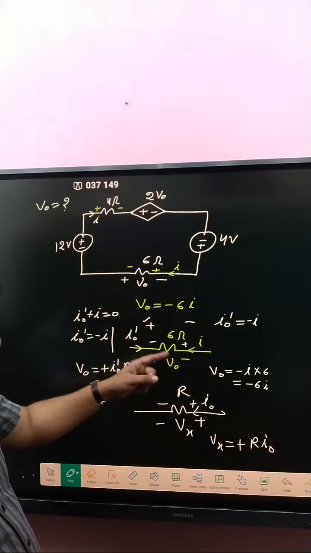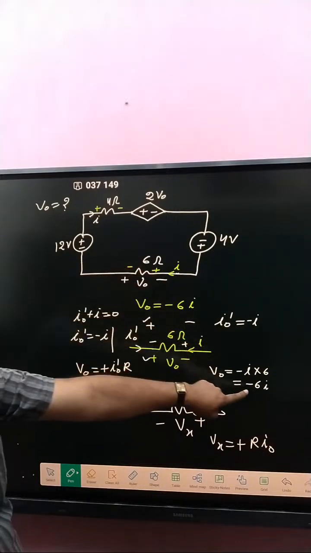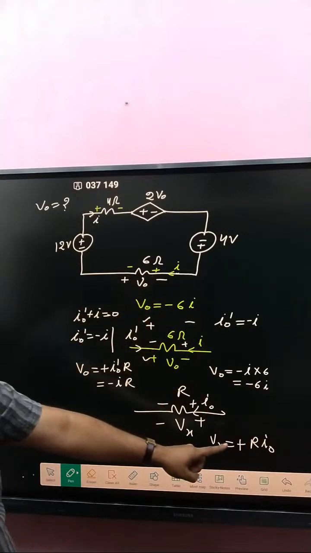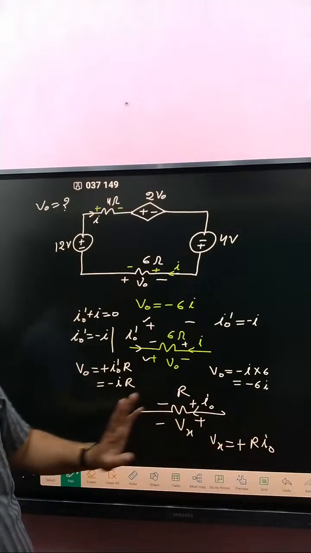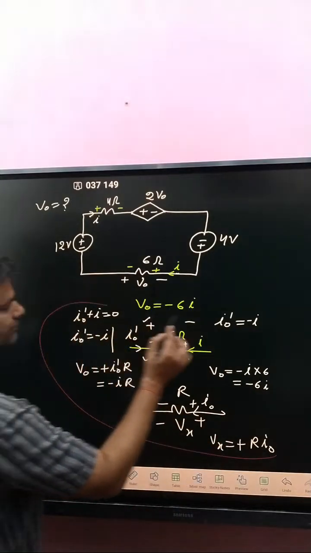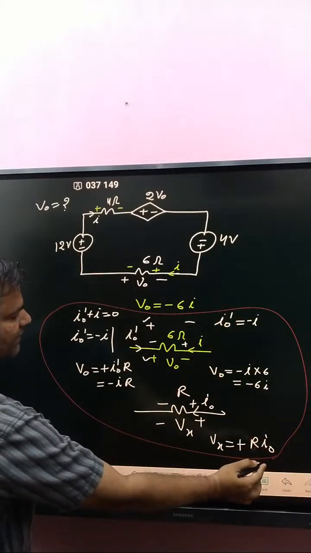It means you can say that if both polarities are different, then written minus. If both polarities are the same, then written plus. Clear? So why is V0 written minus 6I? Is it clear or not?